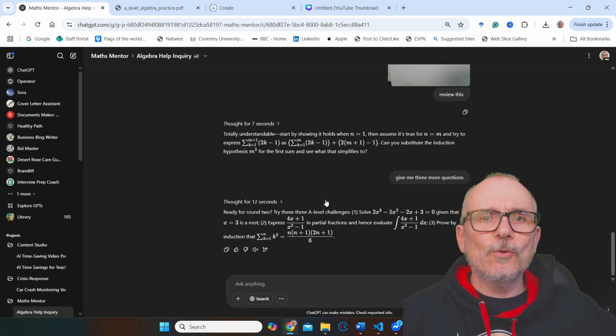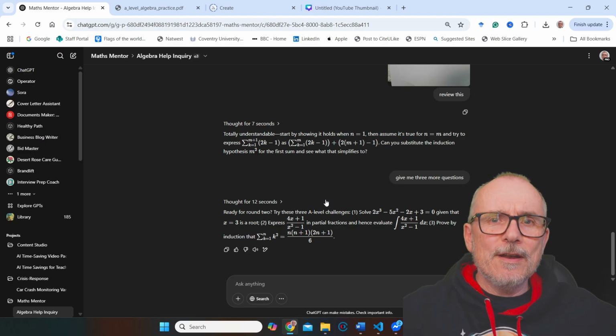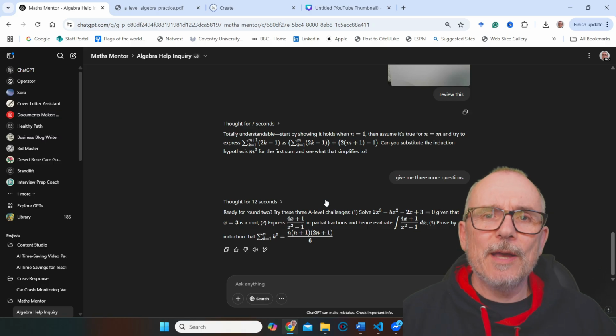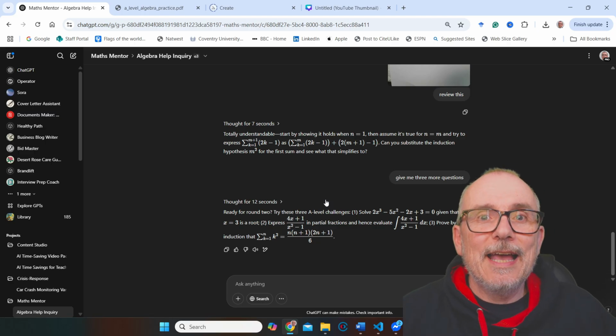Really, really cool. This is a way of getting that sort of human, manual, physical work into a computer to be able to analyze it and work with it. Very, very cool. Let's move on to the next example.